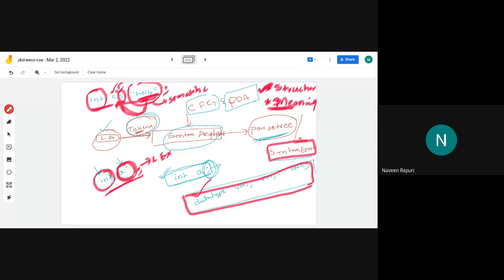So we know the syntax for any programming language. For example, there is an if condition. So the syntax is if condition, and then the block of statements. Suppose you started if and you don't give the open parenthesis in C, C++, or Java, that is a syntax error, because every condition should be in parentheses.